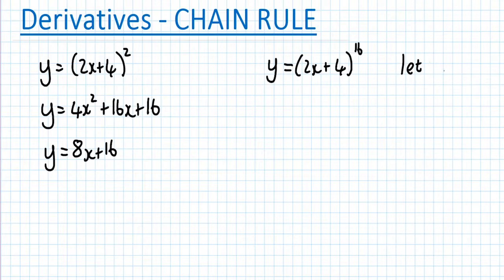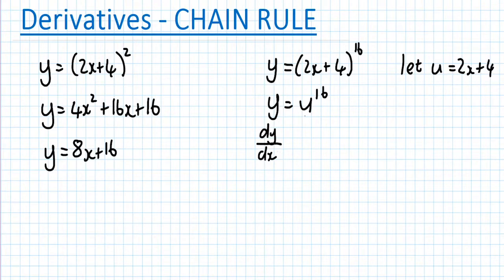Let's just assume that we're going to let u equal 2x plus 4. That means that our y value now is just y equals u to the power of 16. Pretty easy. But we want to find out what dy/dx is, not what dy/du is.